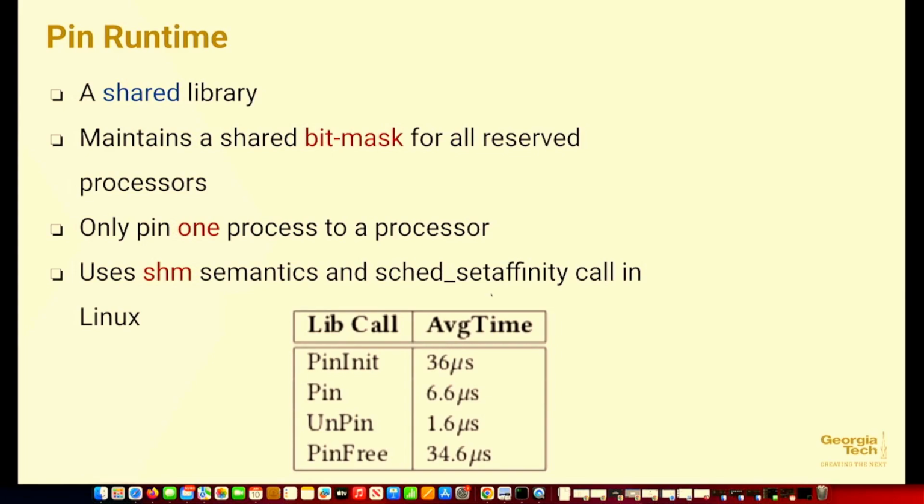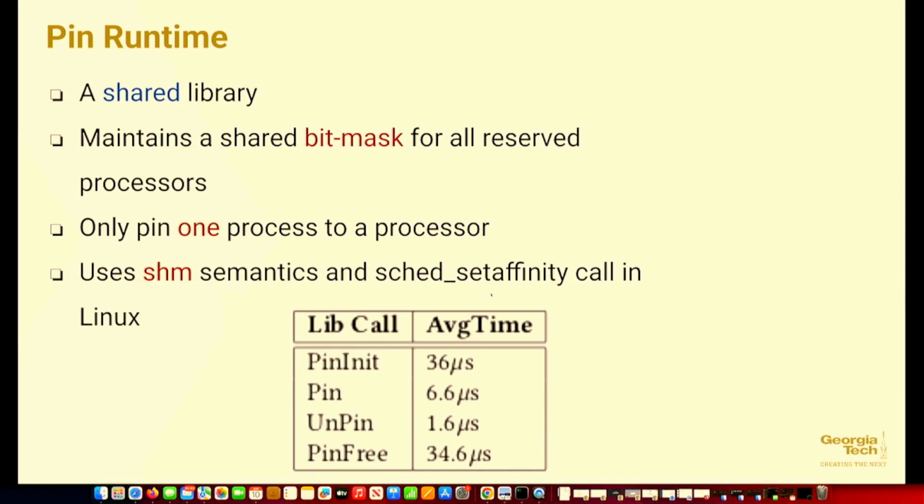The runtime library maintains a shared bit mask of all the processes, and whenever a pin request comes in for a particular processor or particular core, that particular bit is set, and then any subsequent request for pinning on the same core is rejected.